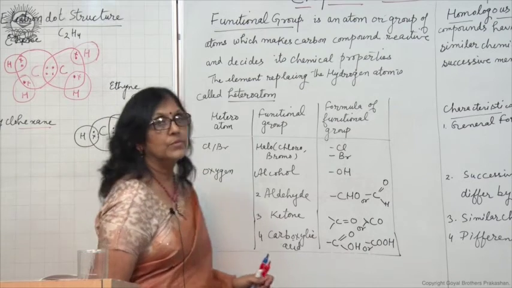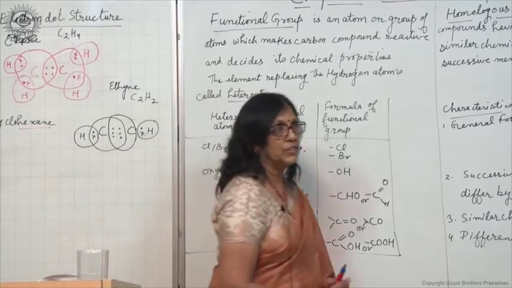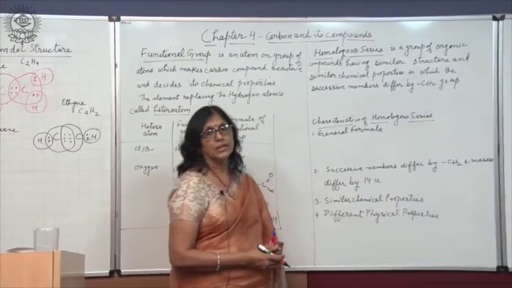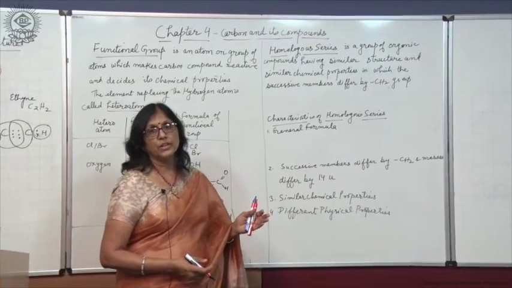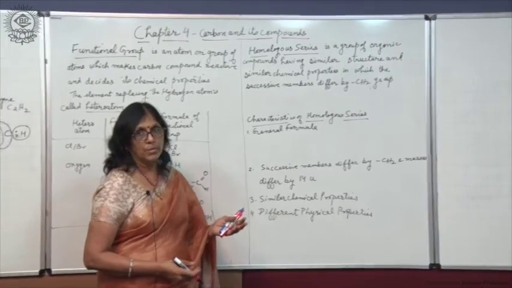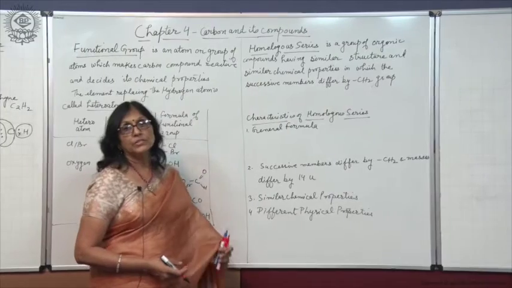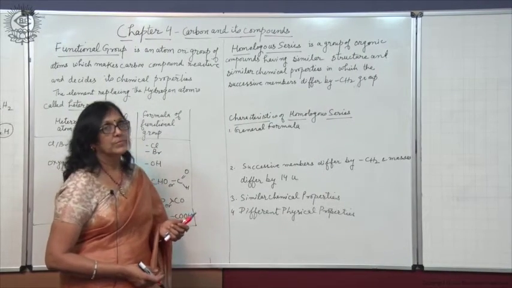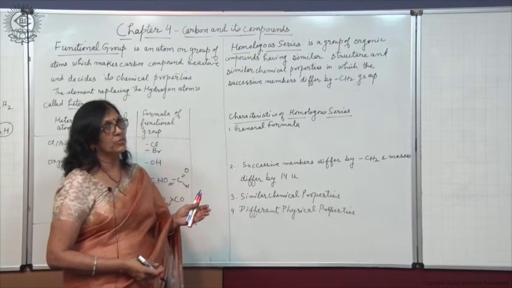Now, we will study about homologous series. Let us first of all study the definition of homologous series. Homologous series is a group of carbon compounds in which the compounds have similar structure and similar chemical properties, and the successive members differ by a CH2 group.